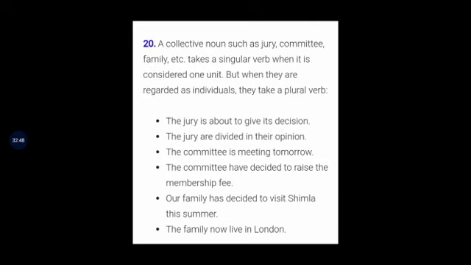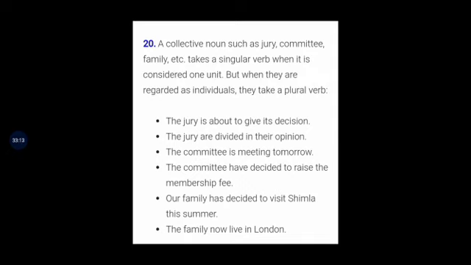Rule number 20. A collective noun such as jury, committee, family, etc. takes a singular verb when it is considered one unit.